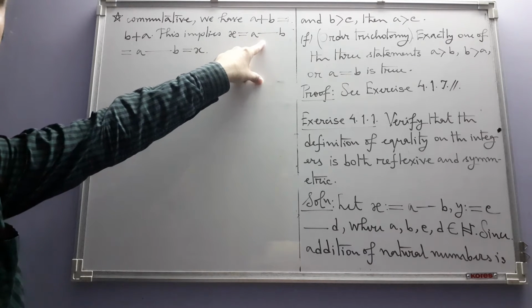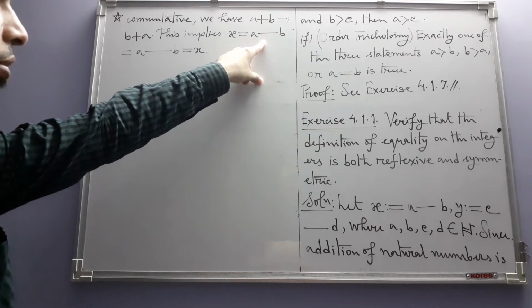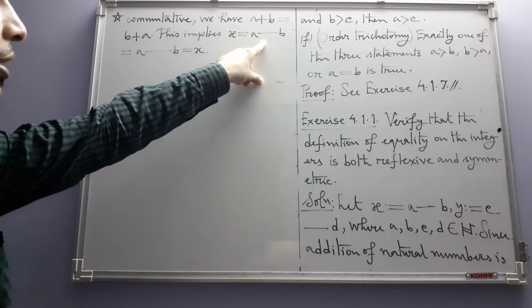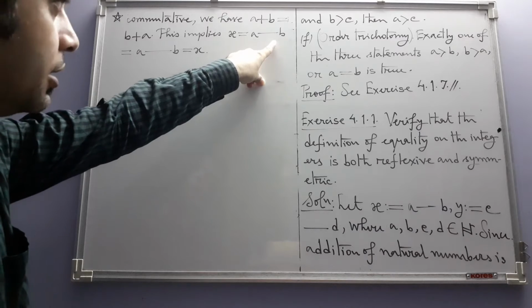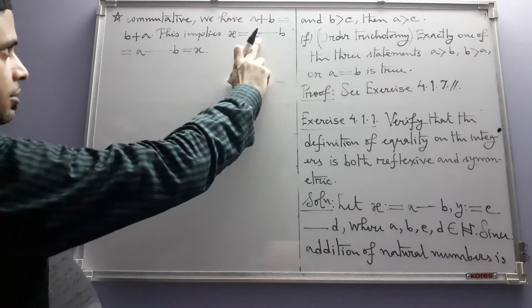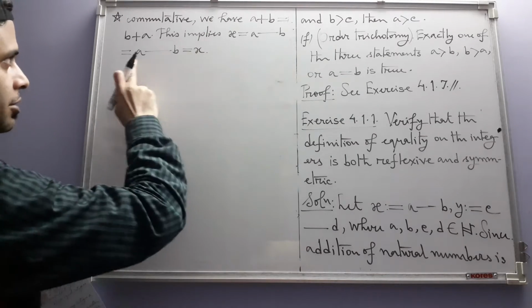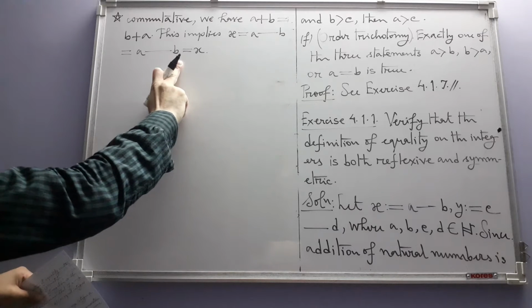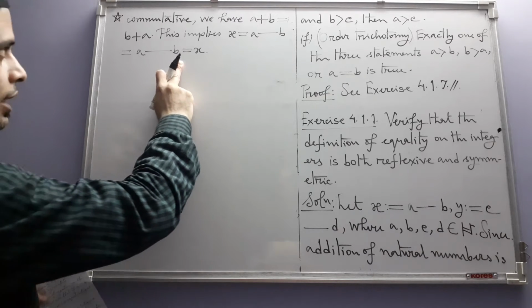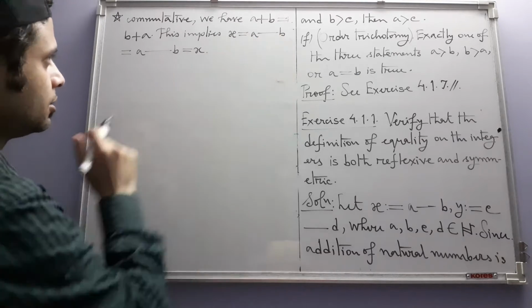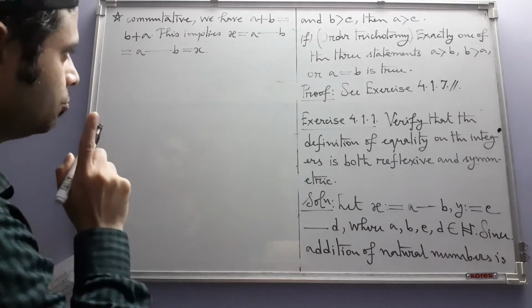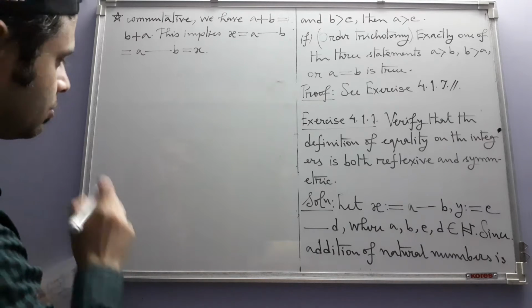It looks like we are not writing anything of value here, but you recall the definition of equality of two integers. This is true, a dash b is equal to a dash b if and only if, according to the definition, a plus b is equal to, do we have b plus a or a plus b?